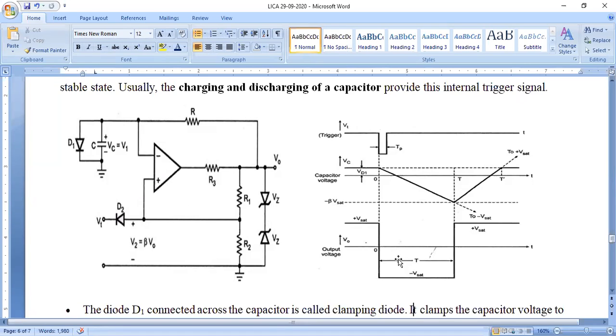What will happen at this time? The capacitor will get discharged with respect to the lower threshold voltage. The capacitor will start discharging after the application of the negative pulse. Output voltage plus Vsat is dropped to minus Vsat. Next, what happened?